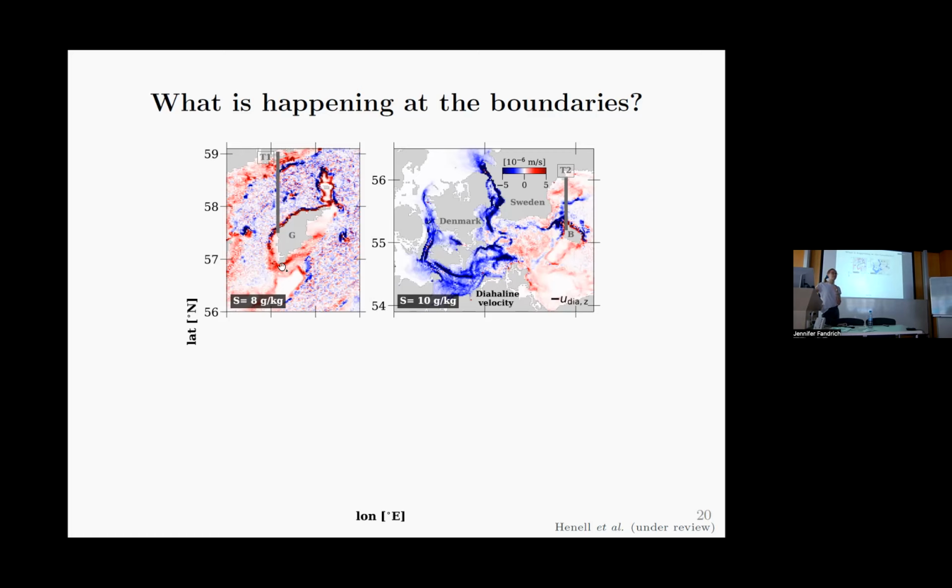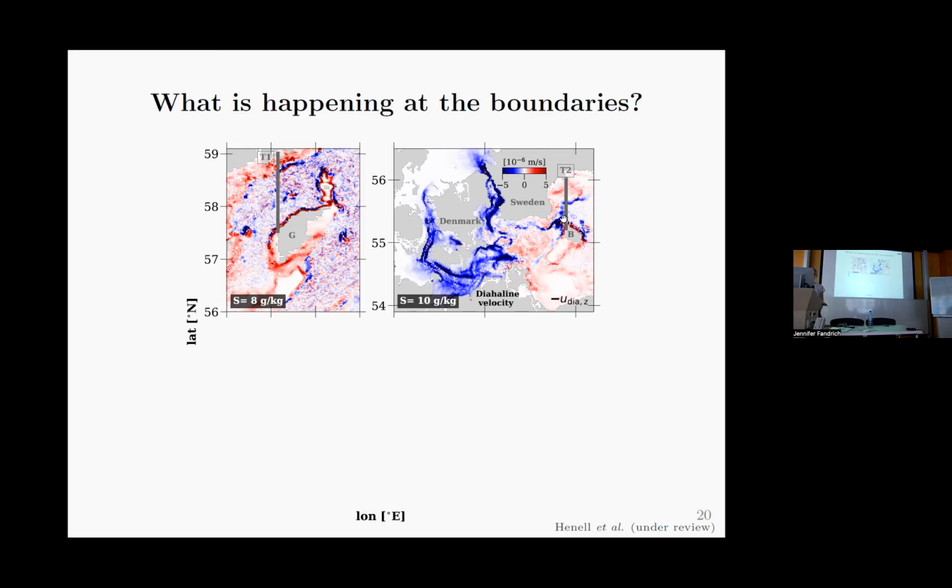Is it also touching the bottom? I mean, I would really have to put transects all over the place to really confirm it. So I can't really say for sure.